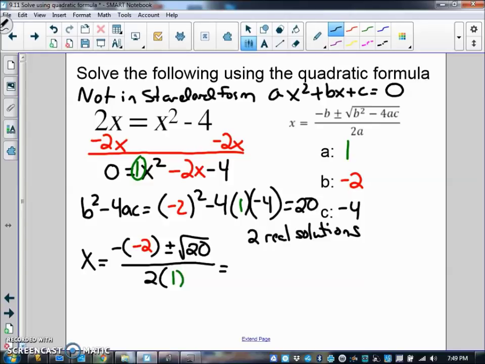Which means I'm going to get, well, a negative times a negative becomes a positive. So I'm going to get positive 2 plus or minus the square root of 20 over 2. Now, if I remember, 20 has a perfect square as one of its factors of 4 times 5.